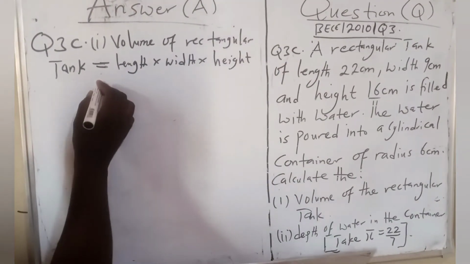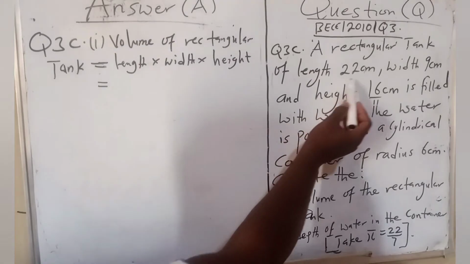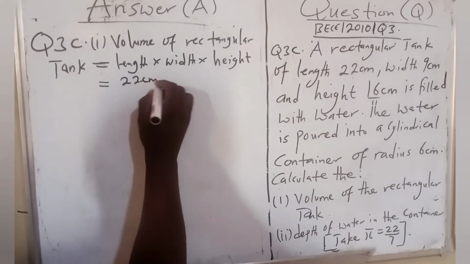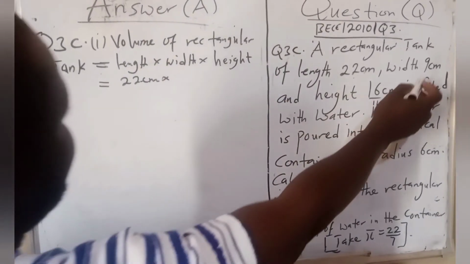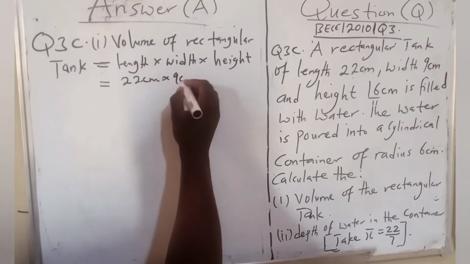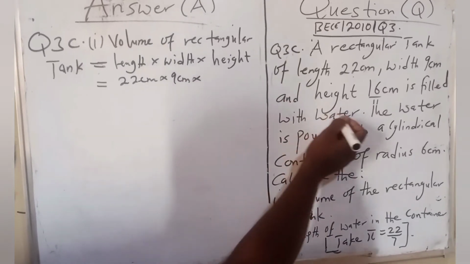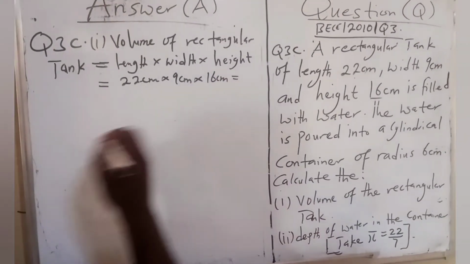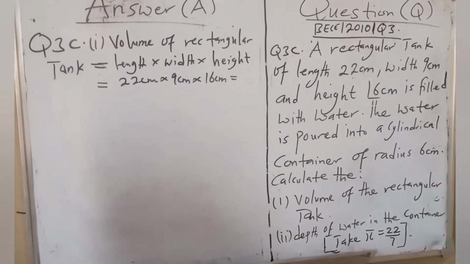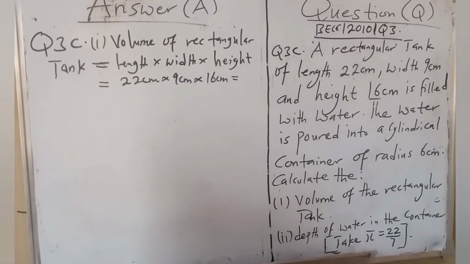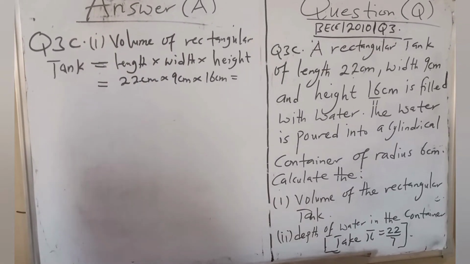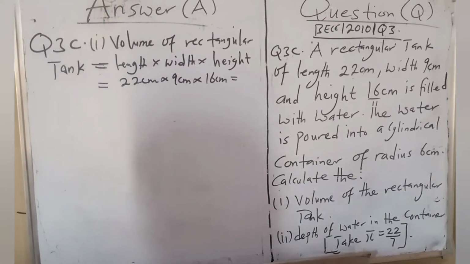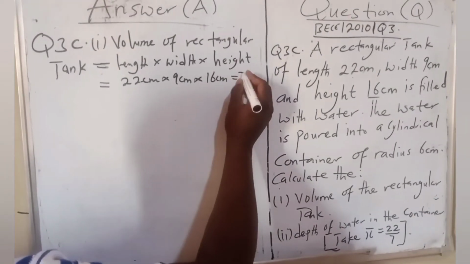Now in the question, we are told that the length is 22 centimeters. So we have 22 centimeters multiplied by the width, which is 9 centimeters, multiplied by the height, which is given as 16 centimeters. So now multiplying 22 by 9 by 16 will give us 3,168 centimeter cube.